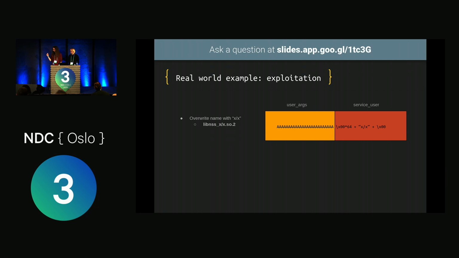So the library name will end up being libnss_x/x.so.2. So it lives inside of this folder. And the rest we just set the whole service user struct to null. So we just have to overflow until we reach this service user struct, and then we can control everything.